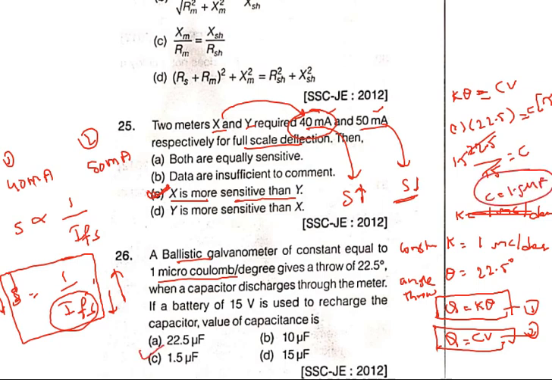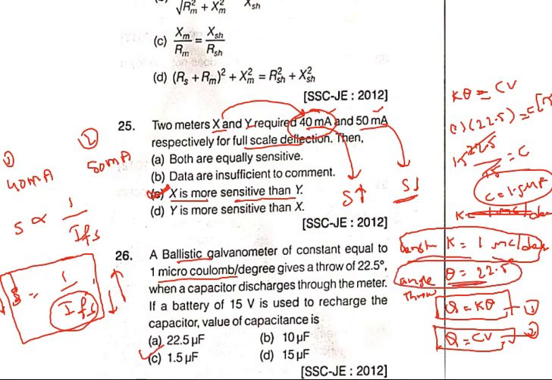Hope you understood. What I have done here: a ballistic galvanometer of constant equal to 1 microcoulomb per degree is given. So the constant value is K equal to 1 microcoulomb per degree. Next, what is given? It gives a throw of 22.5 degrees. So angle of throw is 22.5.